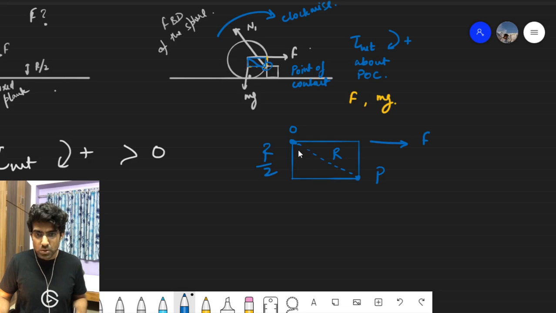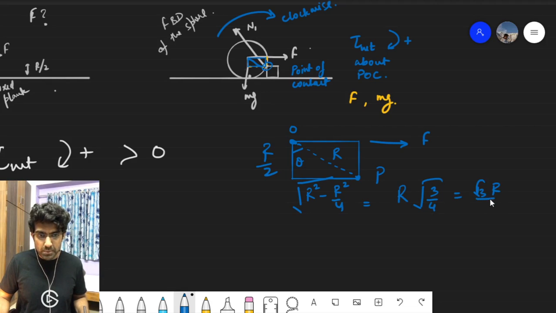This is r, let's call this angle theta. So I can get this as the square root of r square minus r square by 4, which comes out to be under root of 3 by 4, which is root 3 r by 2.